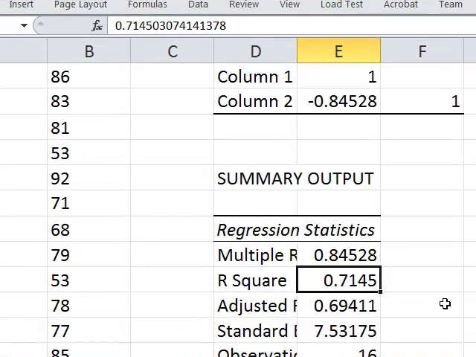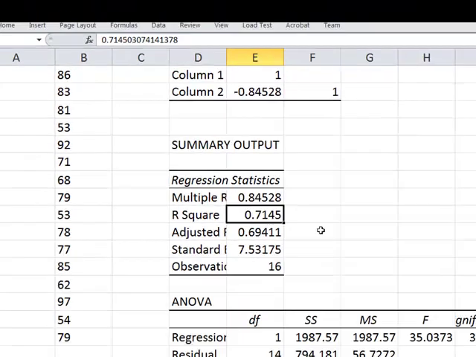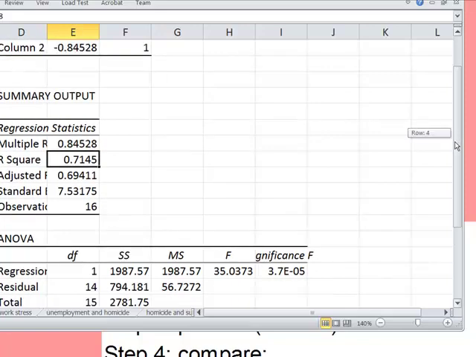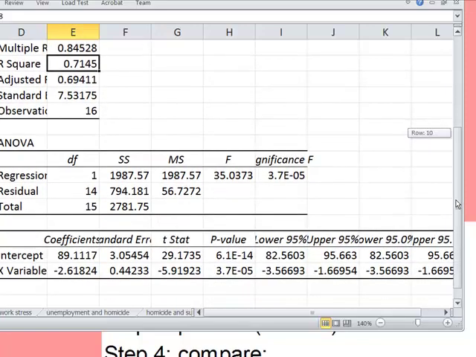I have an r-squared value, which tells me that 71% of my final grades are explained by absences. But in this case, since I'm doing a correlational test, I'm looking for the p-value, the probability that I have rejected a correct null. Very, very small.